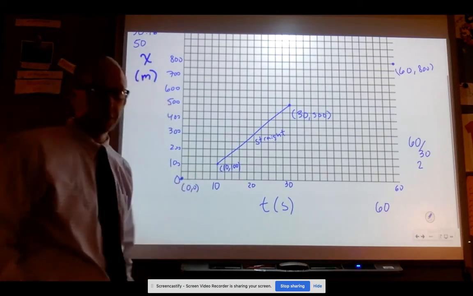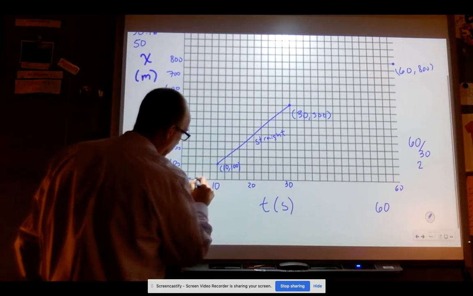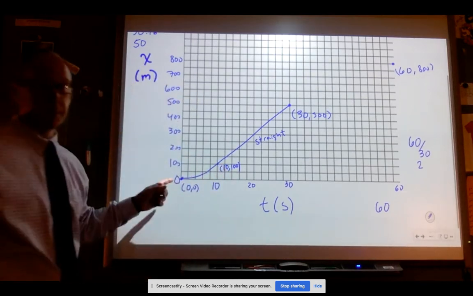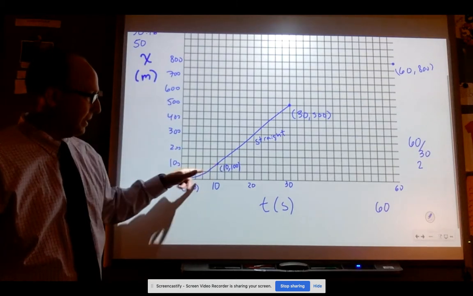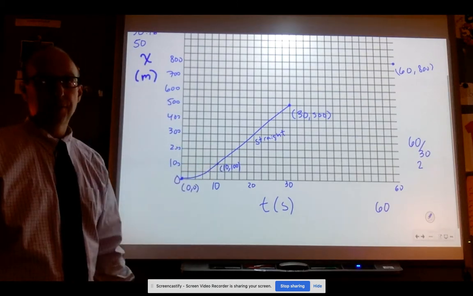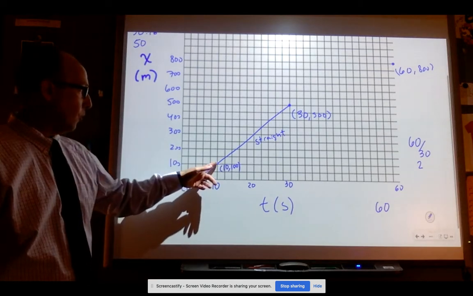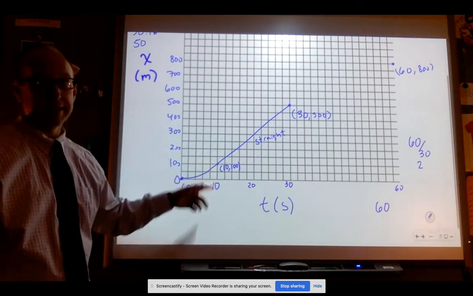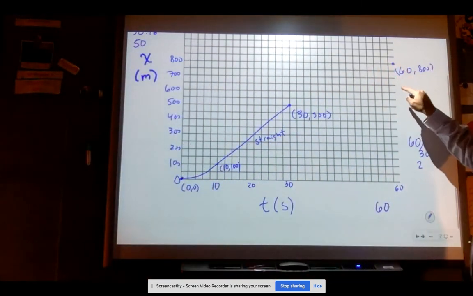It's going to start off with the slope that's 0 at 0, so it should almost be a horizontal line that curves up to there. It should seamlessly transition between those points. So at 9.9 seconds, I should have almost the same slope that I have at 10 seconds. On the other end, I slow down for the last 30 seconds.